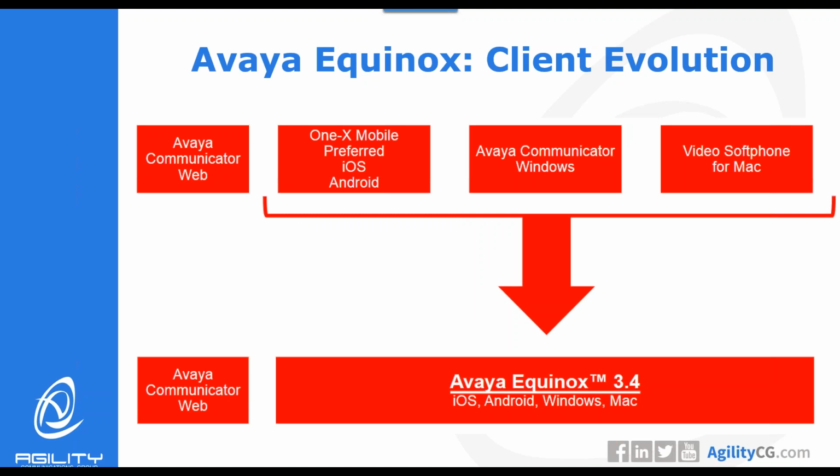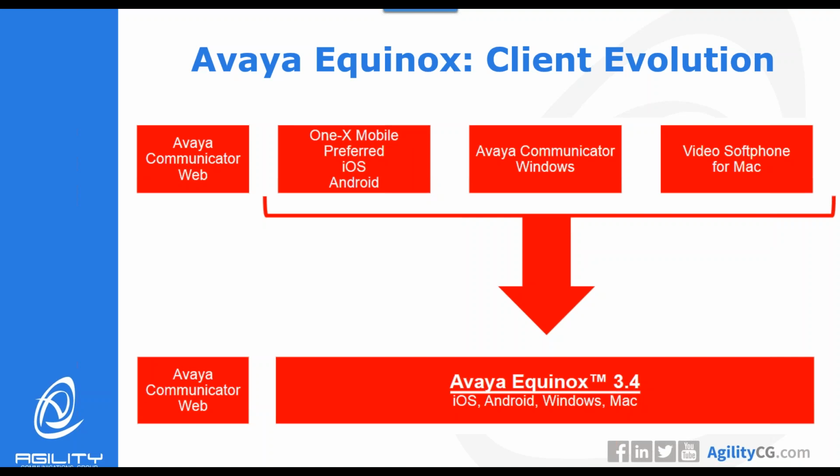So previously, Avaya had a lot of different types of clients, and they all behaved and looked differently. There was 1X Mobile, the mobility device for iOS and Android. There was a Windows desktop client, Avaya Communicator, and there was even a video softphone for Mac. So all of these prior clients moving forward are going to collapse down into what's called Equinox for IP Office Release 11.